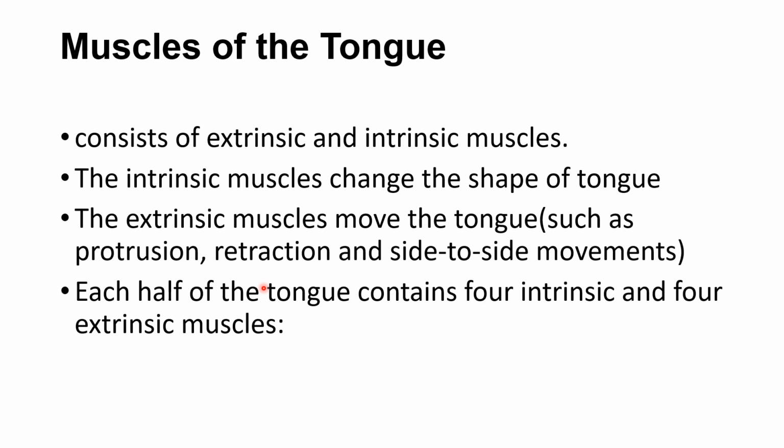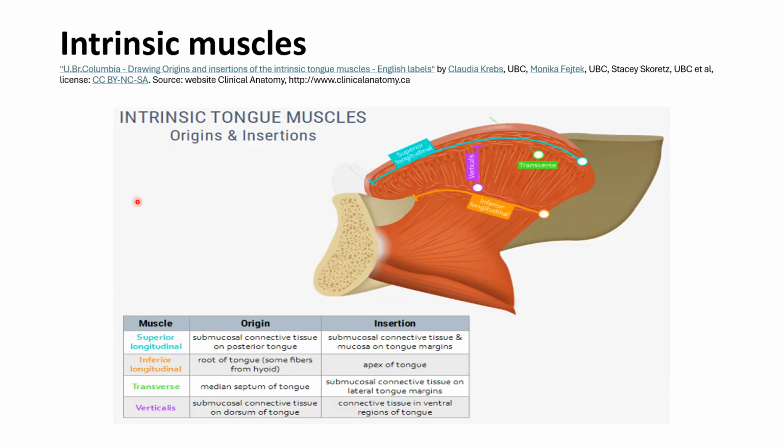And how many muscles are present on each half of the tongue? There are four extrinsic and four intrinsic muscles. So there are two pairs on both sides of the tongue. So let's see the intrinsic muscles.